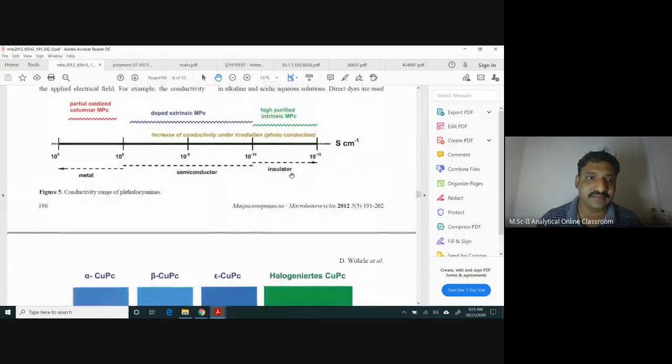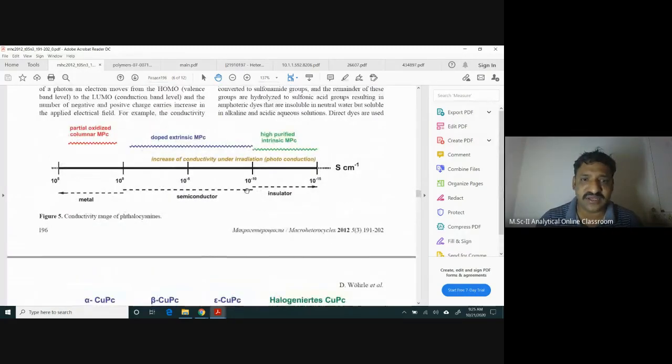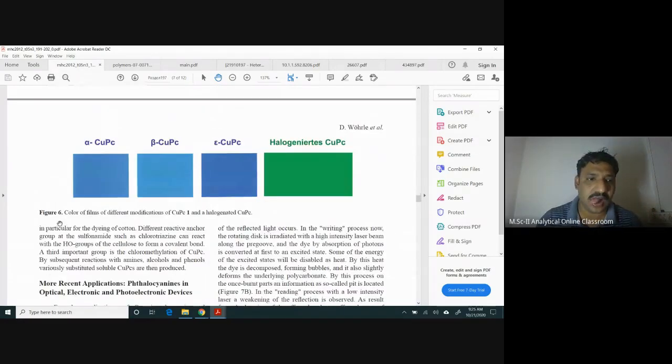Then you have to see metal, semiconductor, and insulator. This is the range where this material is applicable. So color of films of different modifications of copper PC, halogenated copper PC. We don't require all these things. We just know that when metal copper is there, it gives a different color according to its composition.